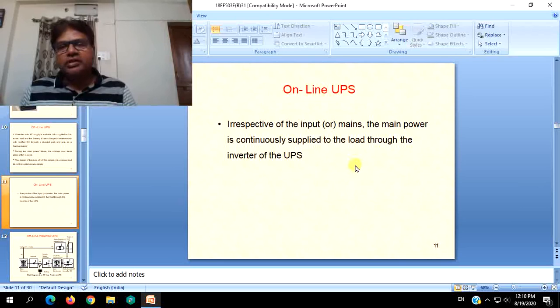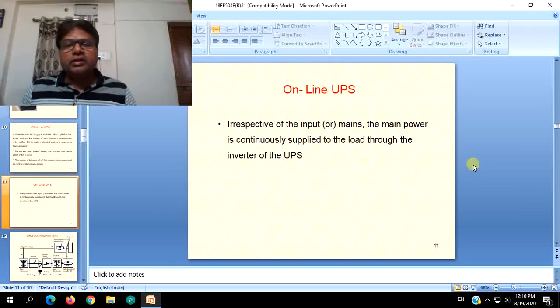Proper wave shaping is done, and only then is it fed to the load. And when supply is off, the battery power will be inverted and fed to the load. So in both cases, the load will be getting its power via the UPS unit or inverter unit only.